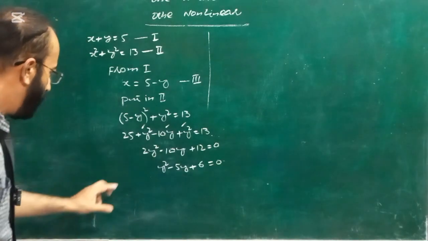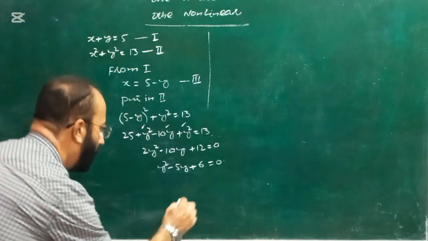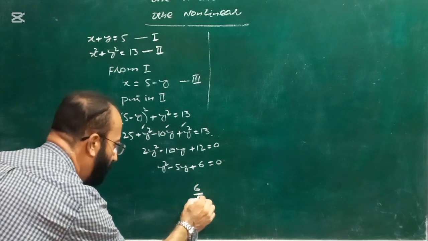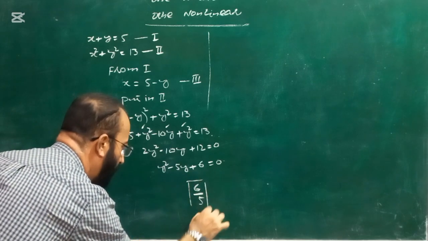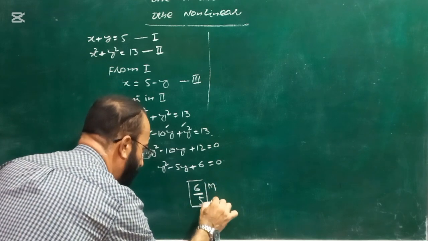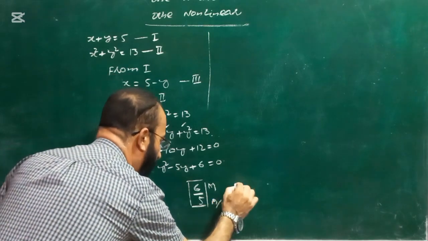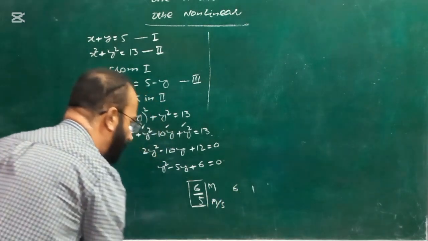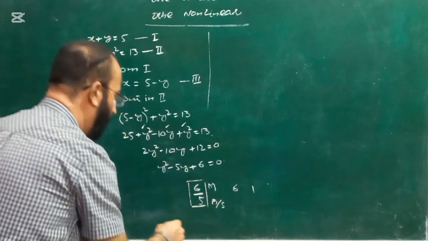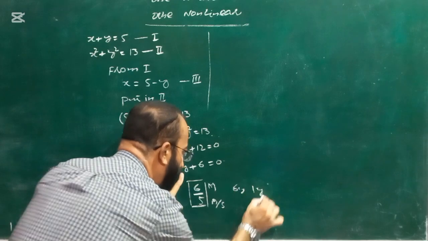Now we will solve it. Multiply the coefficient of the first term with the last one, that is 6, and the coefficient of the central value is 5. So think of a pair of numbers whose multiplication equals this one, and addition or subtraction equals this one. So these are actually 6 and 1, because 6 times 1 is 6 and subtraction is equal to 5. Write the variable with both numbers.